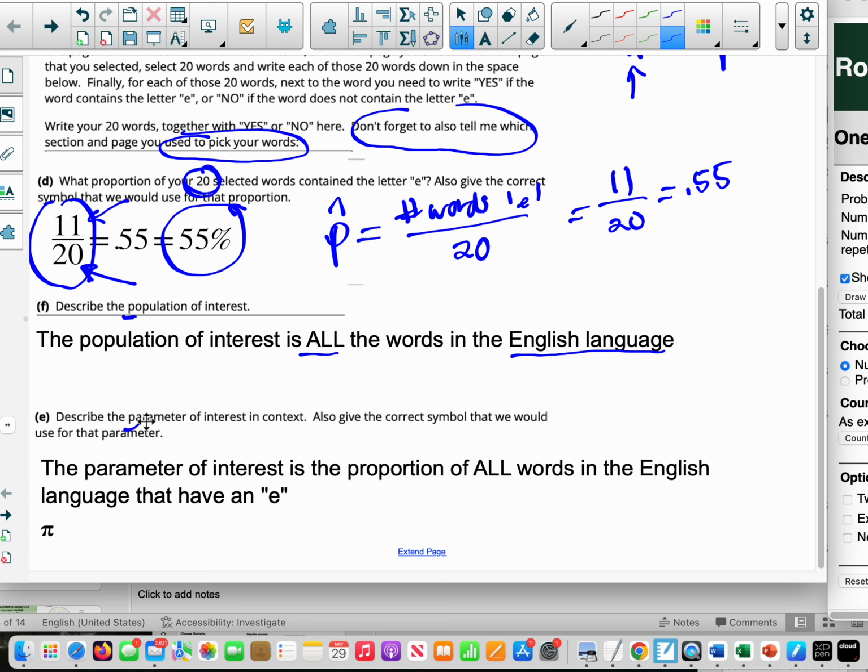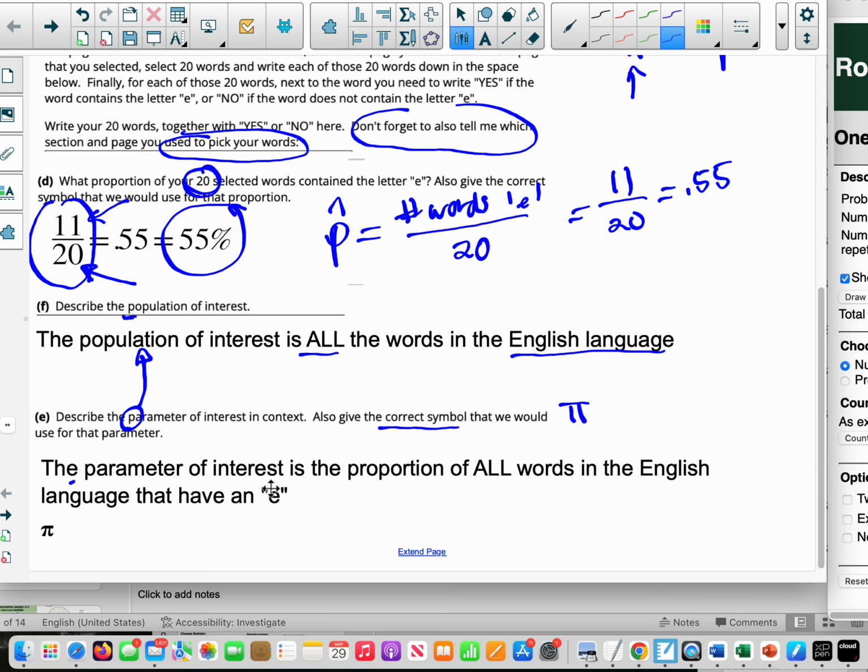And then if I want to describe the parameter of interest, parameters always go with populations. I already know the symbol that I want is going to be pi because it's categorical data. Again, I want you to restate these as complete sentences. When we're dealing in statistics, we typically have written reports, we conduct experiments, and it's very important that we're precise in our language and not ambiguous about how we're conducting our experiment or our statistical analysis.